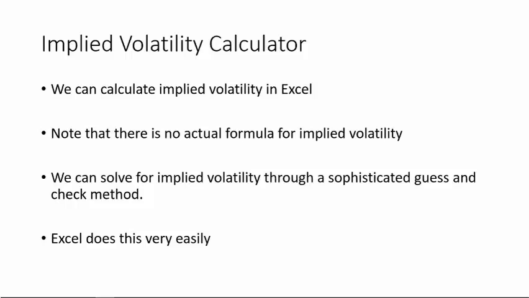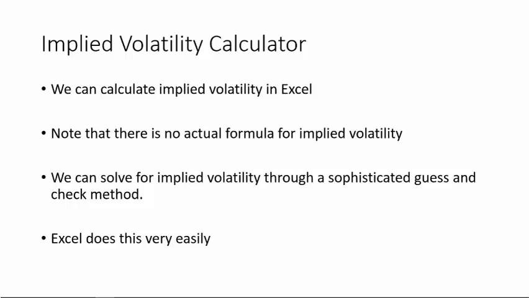It turns out that there is no actual formula for implied volatility, right? So we cannot take the Black-Scholes equation and solve it for volatility based on all the other parameters. Okay, that's why you'll never see an actual formula for the value of implied volatility, because there isn't one.